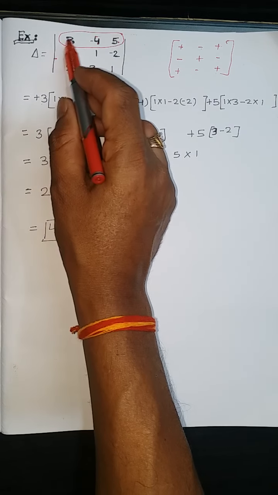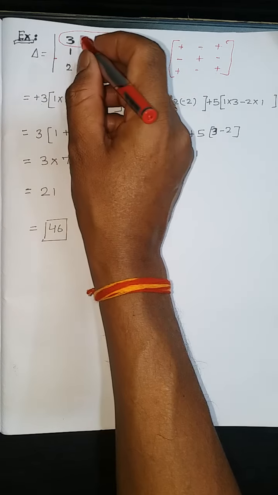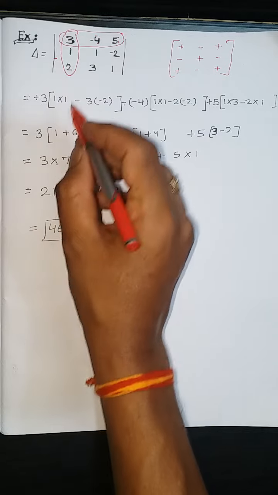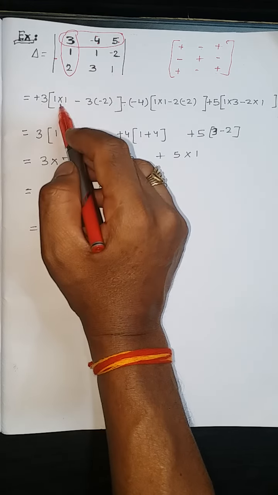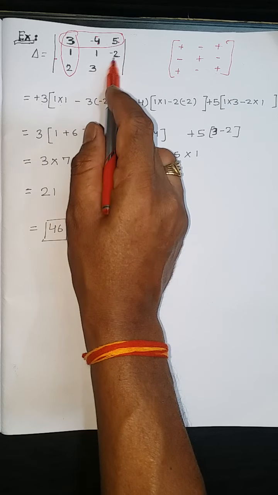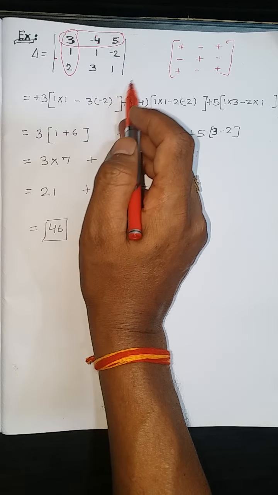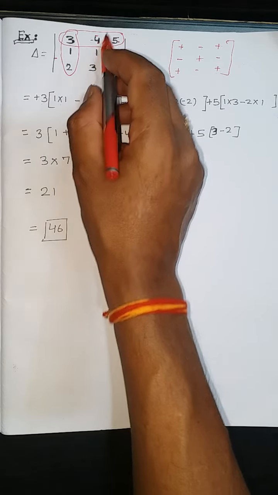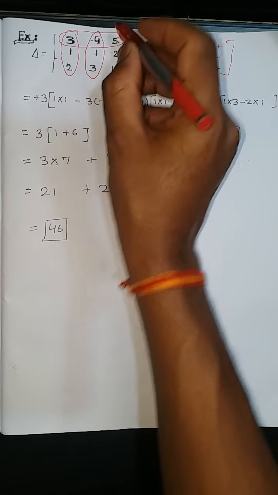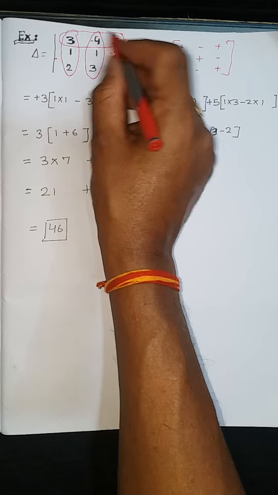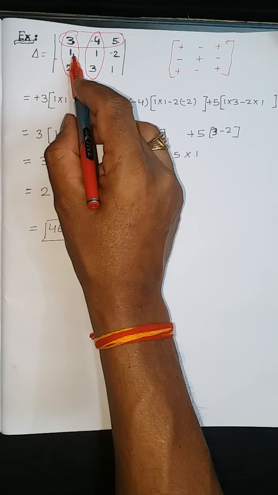Now leaving this row and leaving this column, we are left with these 4 numbers. So 1 into 1 minus 2 into -2, into 3. Now minus, leaving the row of this one and this column, we are left with 4 numbers.